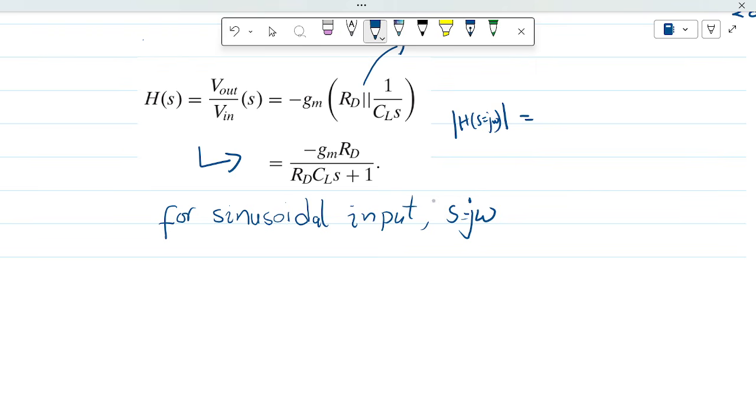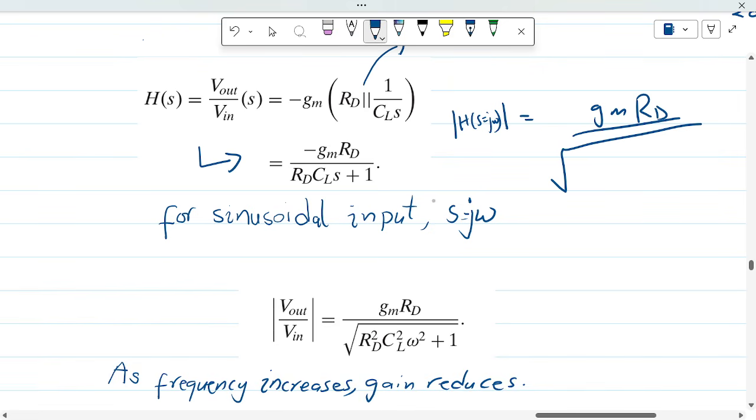Then we are going to get GM, the magnitude of that, over the square root of (ω RD CL)² plus 1.